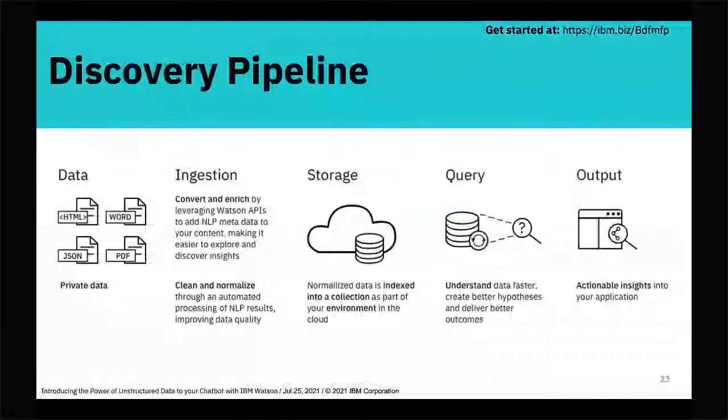Now, looking at the Discovery pipeline, we begin with raw data and then it goes to the process of ingestion. Ingest means lifting and loading the documents into Watson Discovery. With convert, each document is then normalized or converted into a standardized format for further analysis.